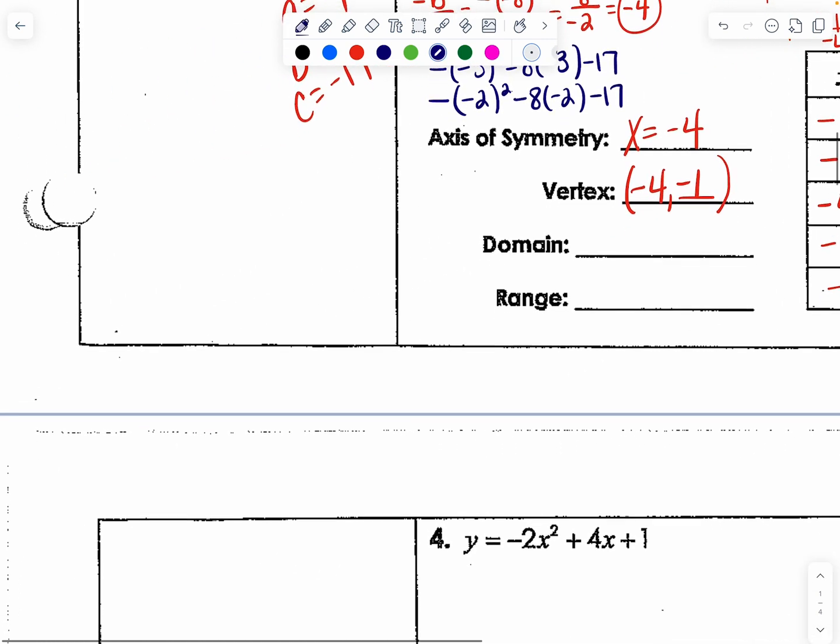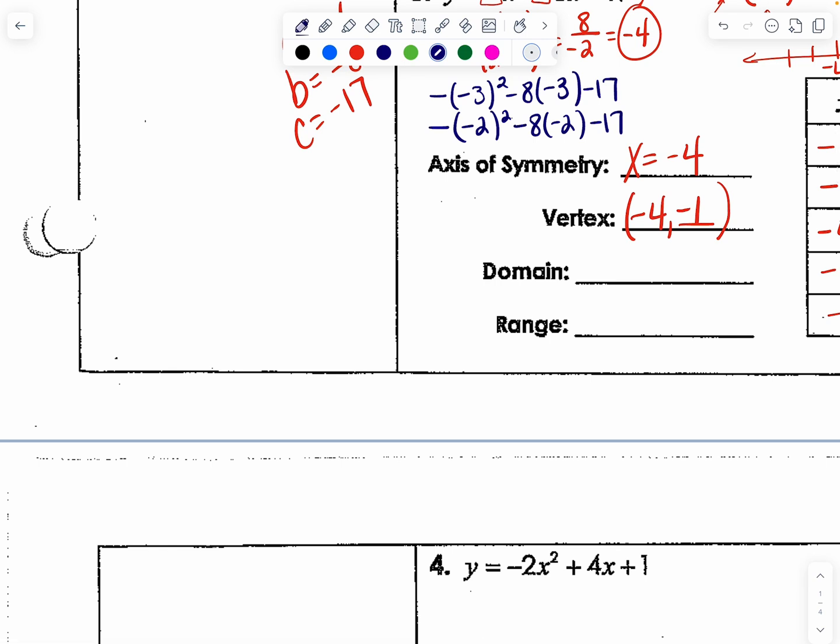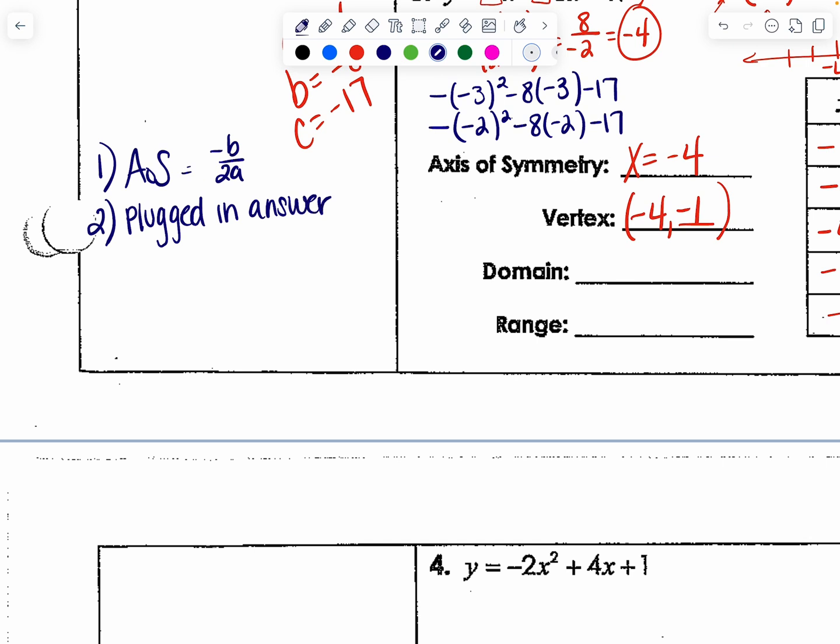All right. So real quick, to recap what we did, I'm just going to write it over here. The first step is we found our axis of symmetry by doing -b/2a. Step 2 is that we plugged in this answer to find the y value of our vertex. So we found the axis of symmetry, and we plugged that back in to find the y value of our vertex.